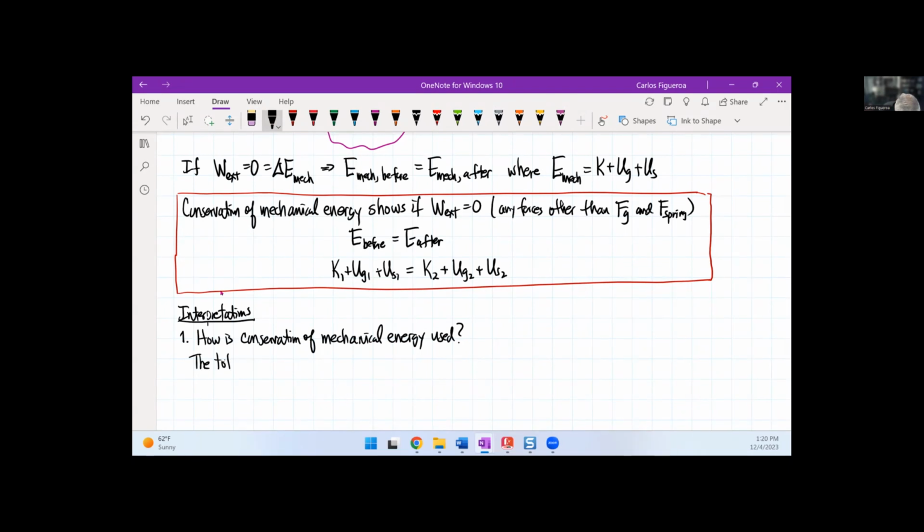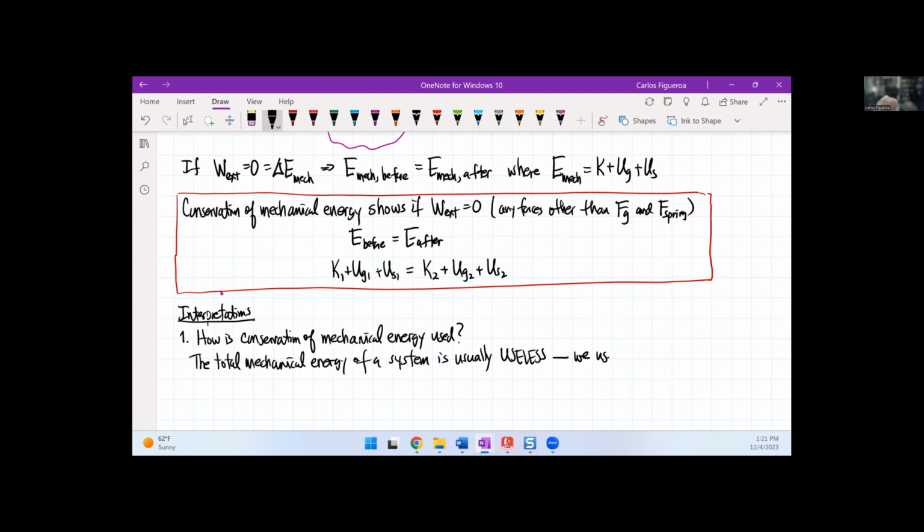The total mechanical energy of a system is usually useless. We typically don't care about the total mechanical energy.